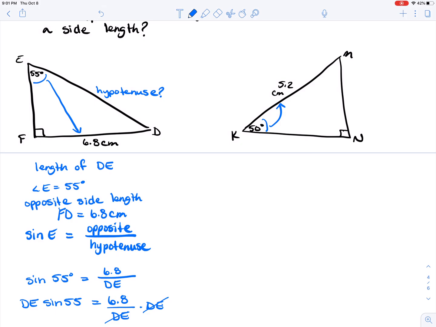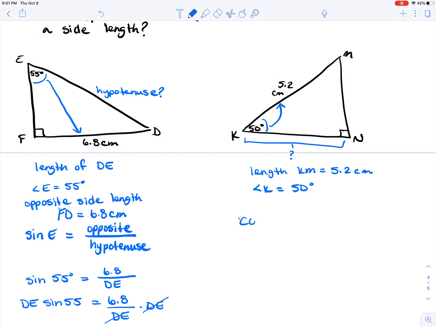And I know that my cosine ratio, I need to find length KM. This is the one I'm missing. So I know the length of KM is 5.2 centimeters. And I also know that angle K equals 50 degrees.